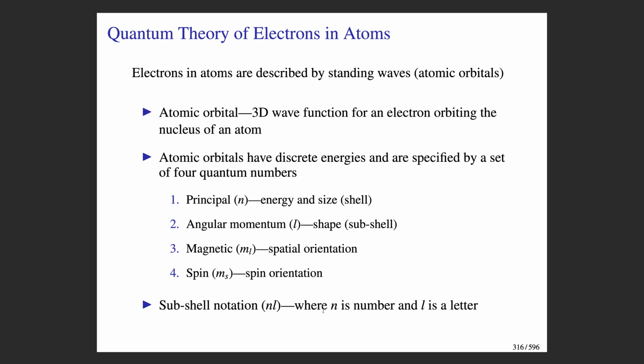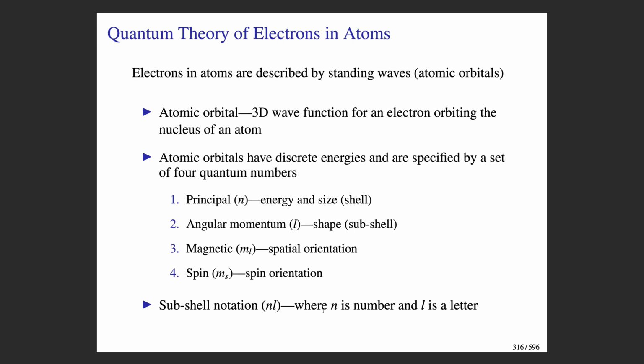So we're going to be talking about the types of wave functions that electrons exhibit when they are confined within an atom. And as we talked about in a previous video, whenever you take a wave and you confine it in space, that ends up restricting the wavelength, and in turn that restricts the energy associated with that wave.